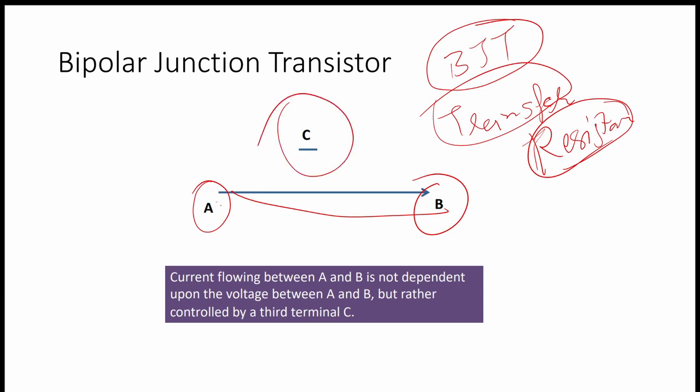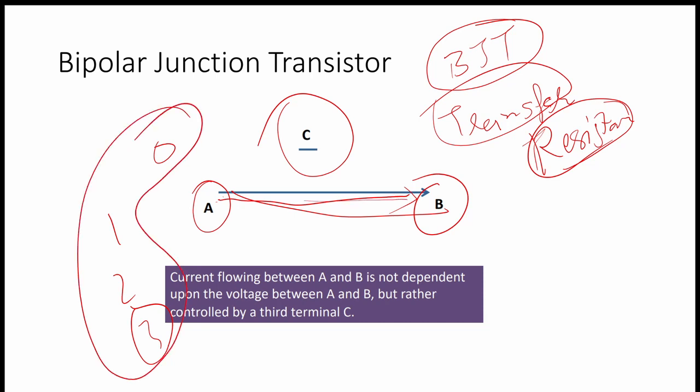The current through A and B can be 0, 1 amp, 2 amp, 3 amp, and it is controlled by this third terminal.